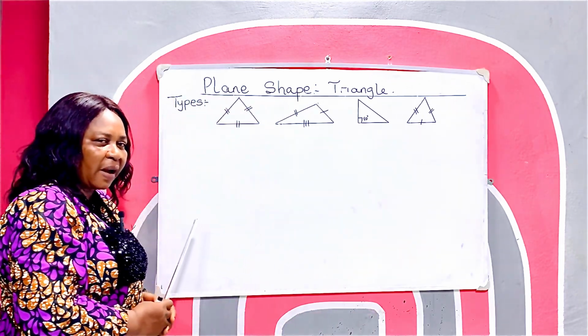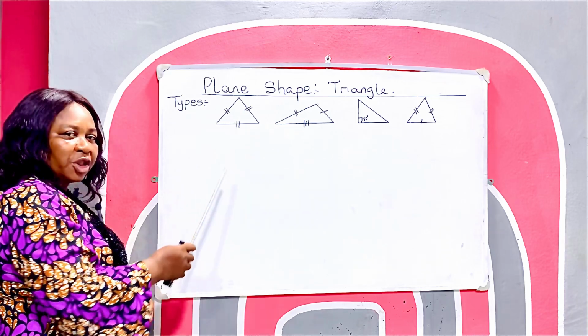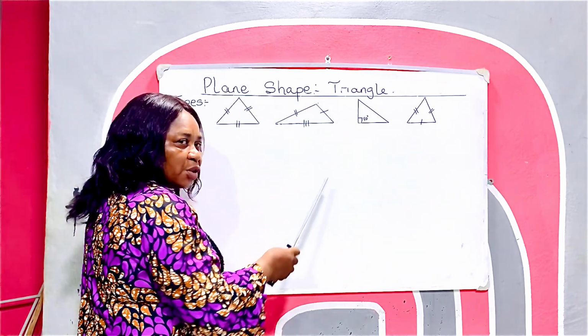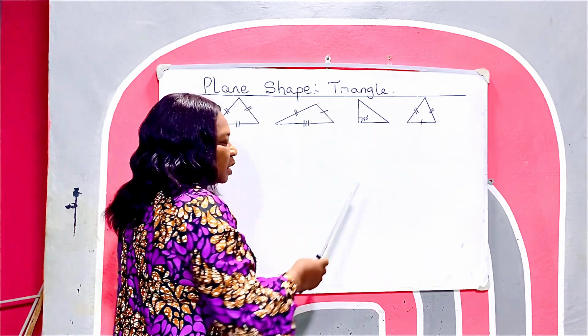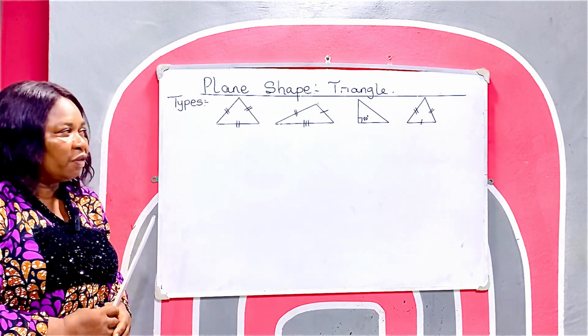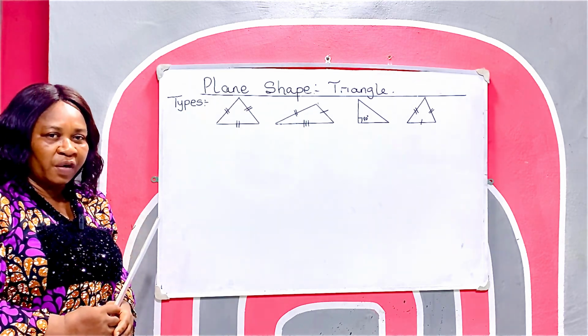Let me recap: equilateral, scalene, right-angled triangle, and isosceles. These are the types of triangle you need to know before we get into the study of a triangle.